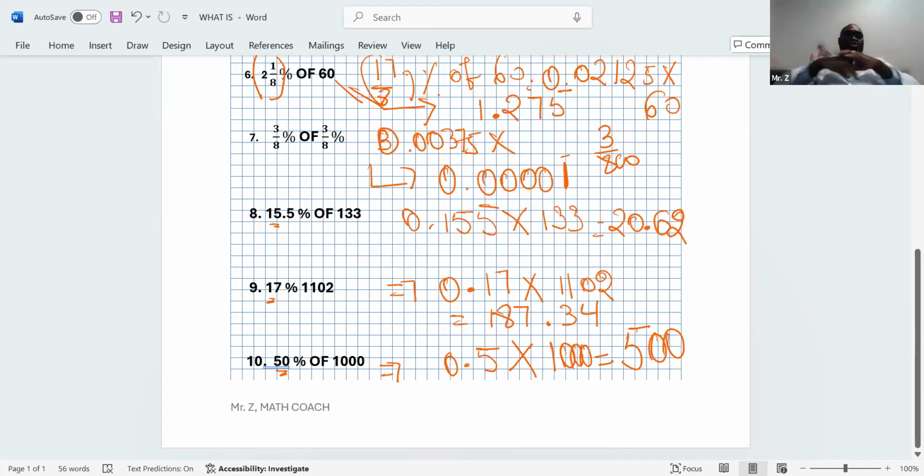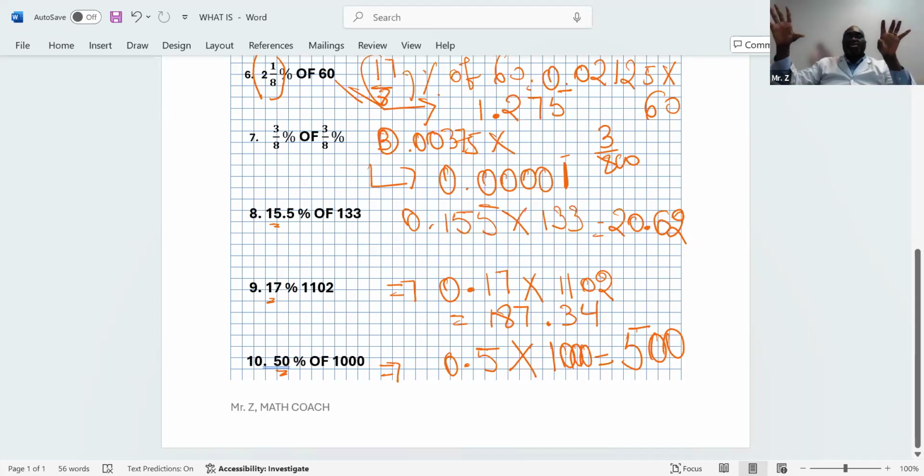All right. So if you're struggling with this kind of exercise, what percent of 40 is 10 is different from 40% of 10. I want you to understand that. 20% of 100 is different from what percent of 20 is 100.